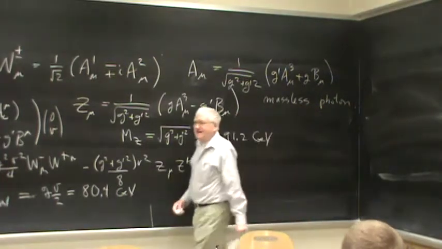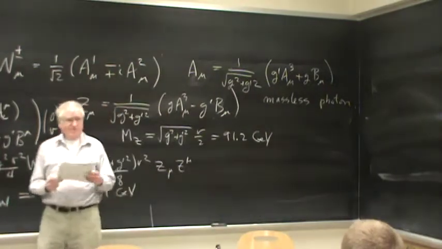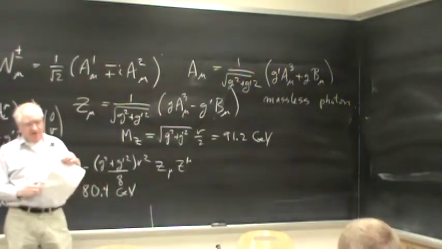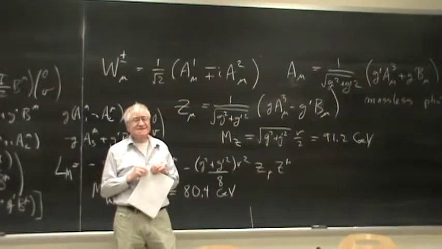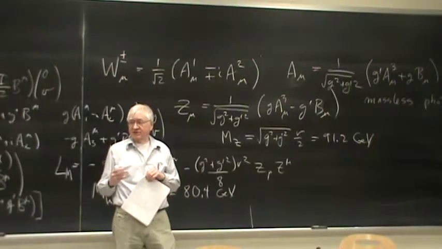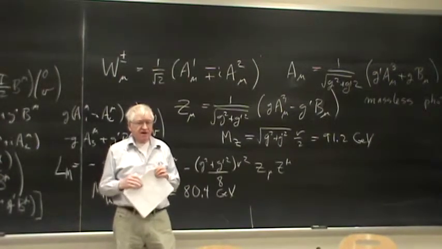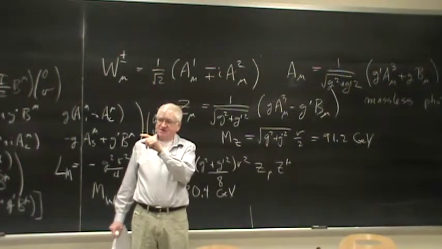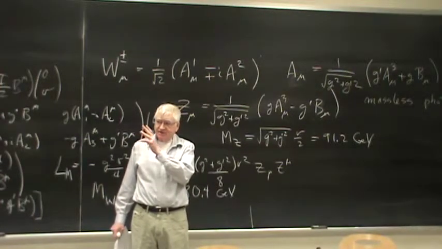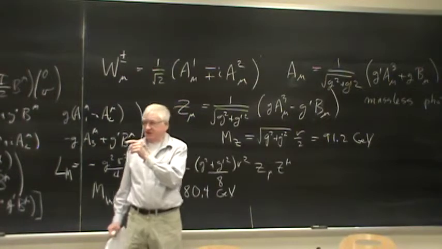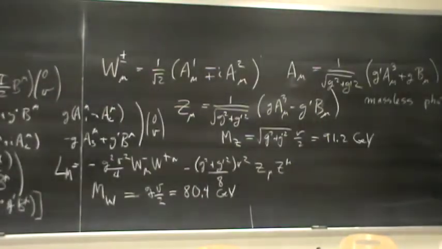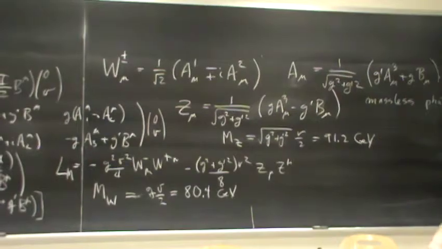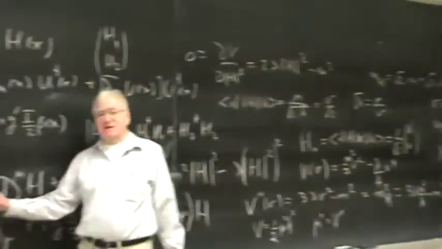Now, what's really nice, I think, about this part of the Standard Model is that these masses come about from the symmetry, and they come about because the kinetic action of the Higgs field, this term over here, has to be gauge invariant.